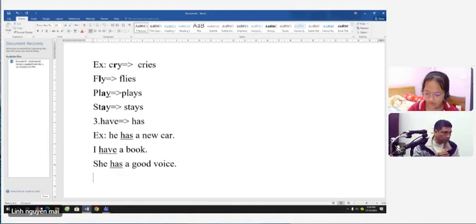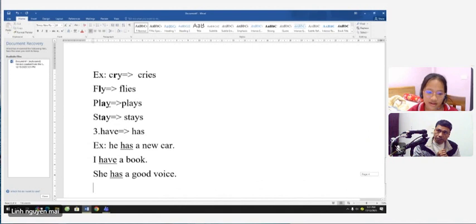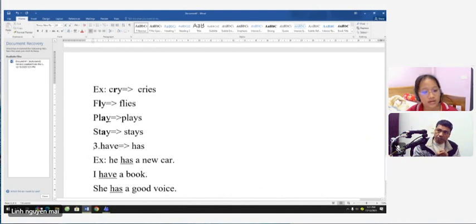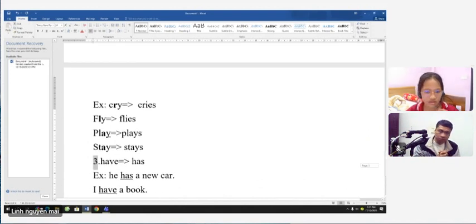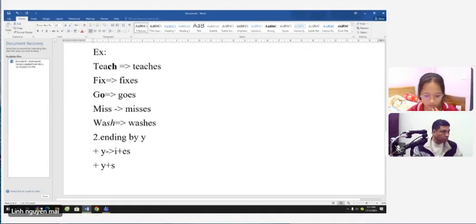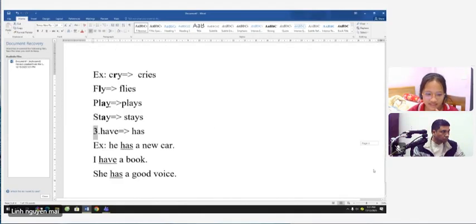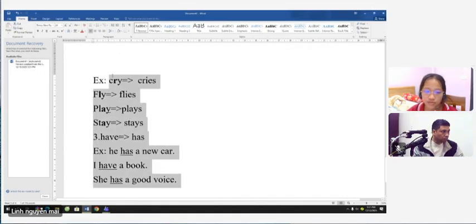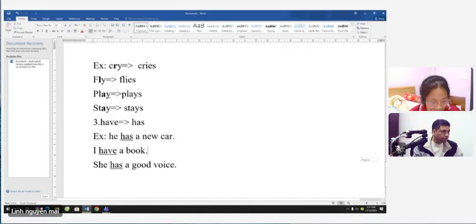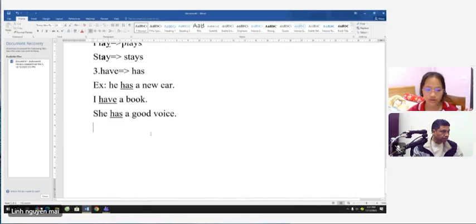Next, if the word is not in these groups, we just put the s. Like some words that are not in this group, we don't put es, we only put s, okay?